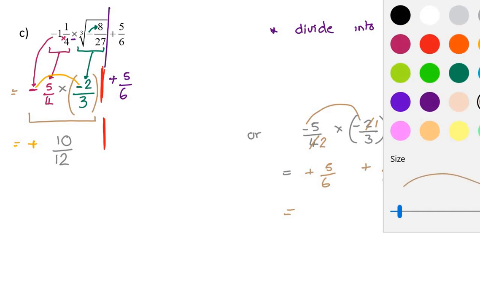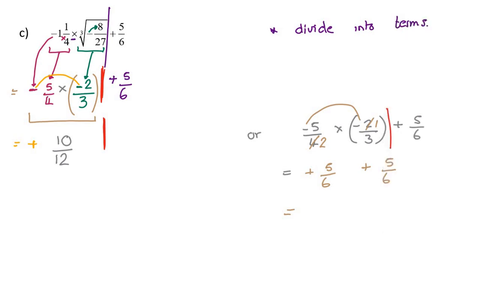Okay, if I go back to my other version, I've still got this 5/6 here, which is the separate term. However, this first term is not simplified yet. So personally, I would now simplify that by dividing by 2 and dividing by 2. You could also add them together by creating a lowest common denominator of 12. That would be fine, and you'd get exactly the same answer, but you just have to simplify it a little first.